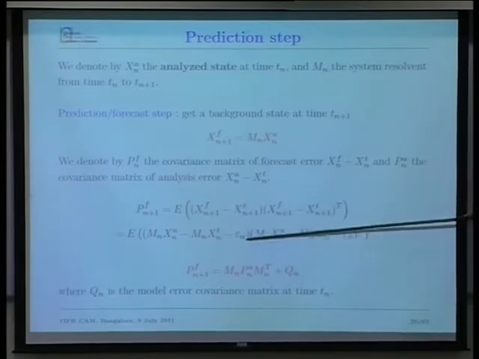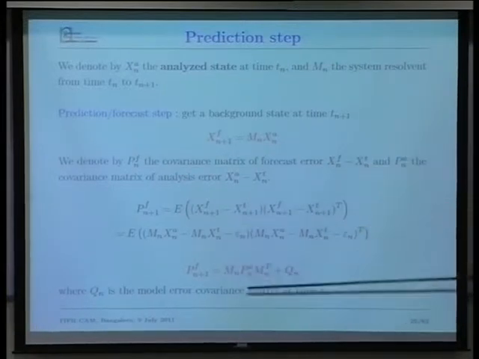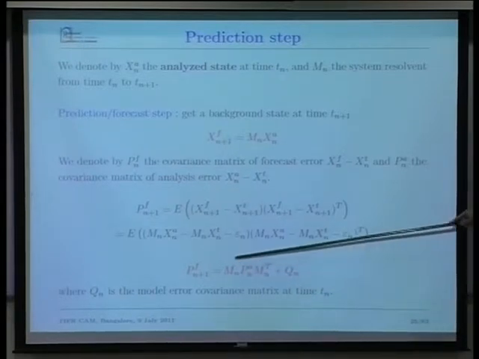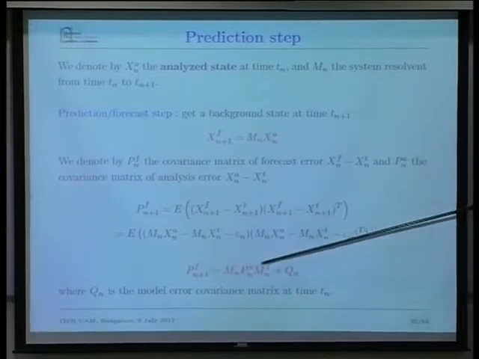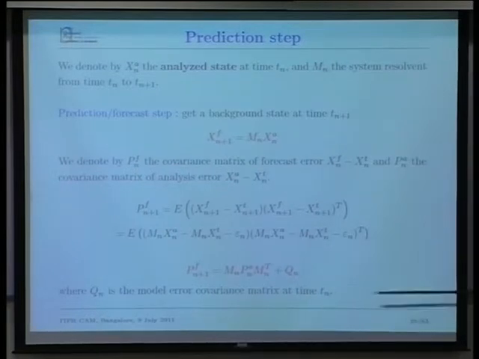So if you assume that there is some model error, so here you should add epsilon, then the covariance matrix of the forecast is the covariance matrix of the analysis times the linearized model on the left and the adjoint model on the right, plus the covariance matrix for the model error. So this matrix is usually unknown. We will see that nudging could be useful to have a background estimation of this matrix.